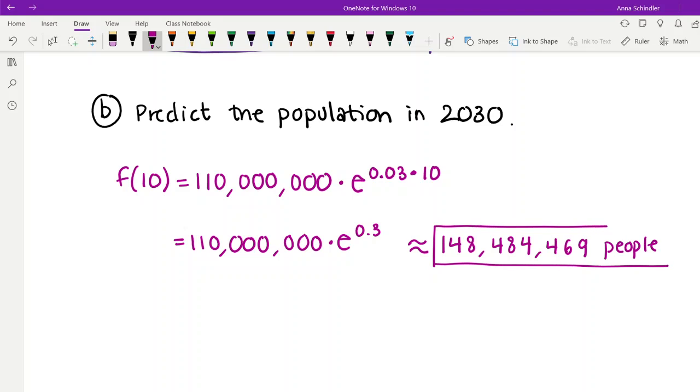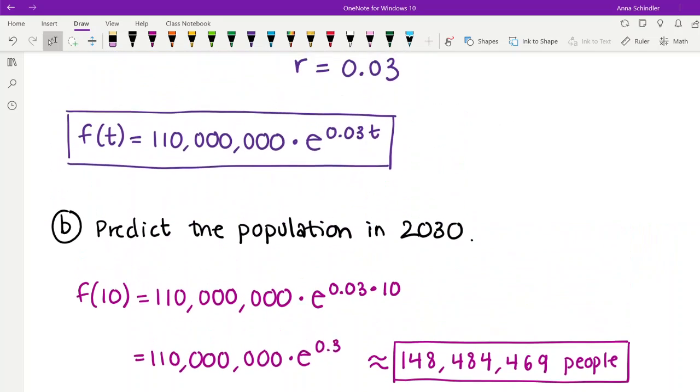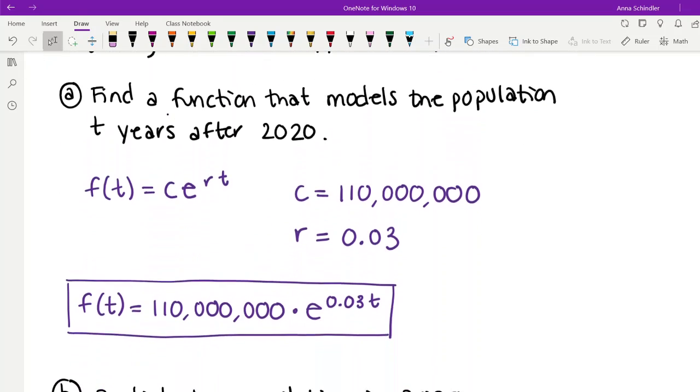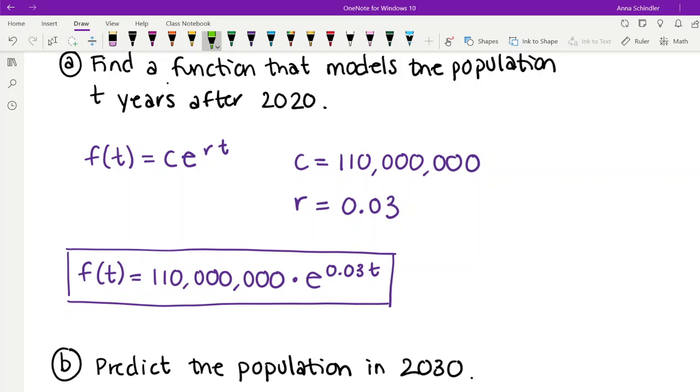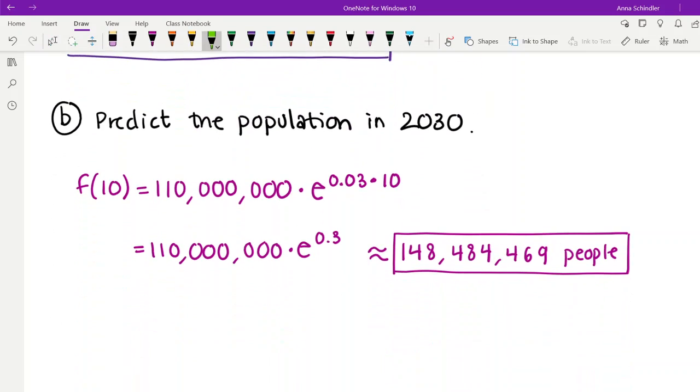One thing I want to point out is that because our growth rate is this very tiny number, and we're putting this 0.03 as part of our exponent, it might seem like our amount would not still increase, but it does, right? We saw that when we plugged in 10, our starting amount was 110 million, and after 10 years, it came out to 148 million and some extra.